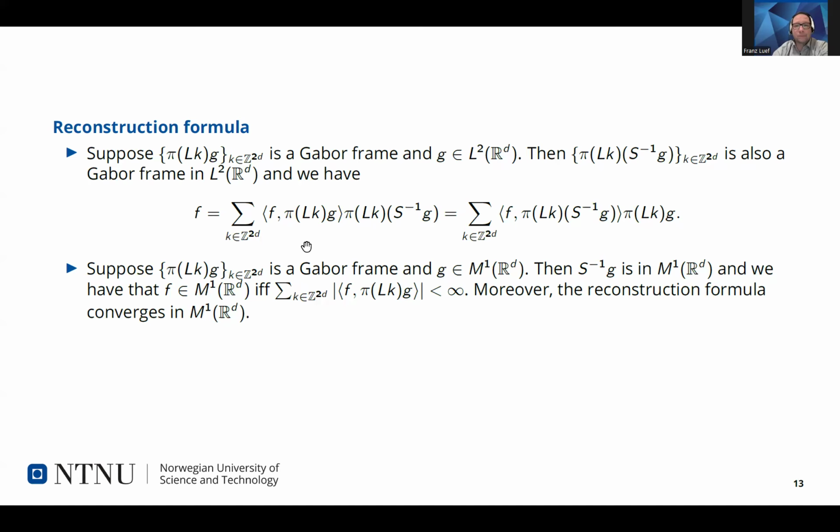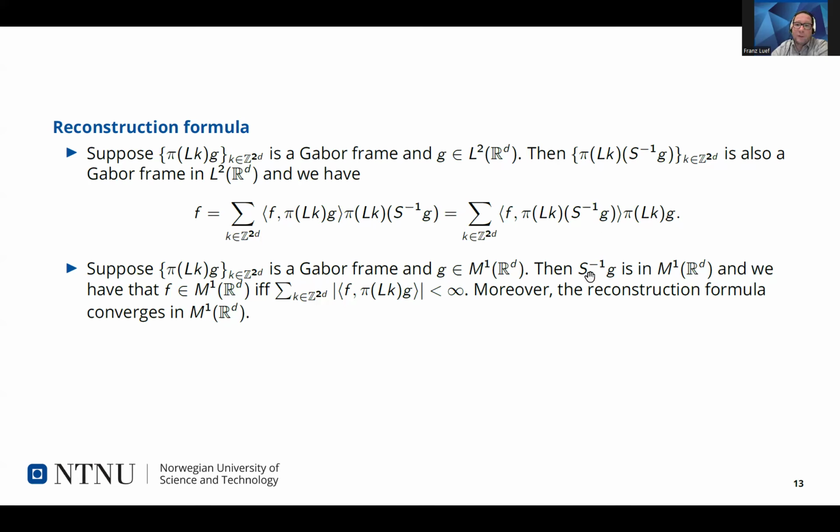Something that Feichtinger has realized when you study this space M1 is that you can actually have this condition not just in the L2. So this is now an L2 condition. So this converges for any L2 function f. But if you look at this for any f in this Feichtinger algebra, then it actually also converges in this Feichtinger algebra norm.